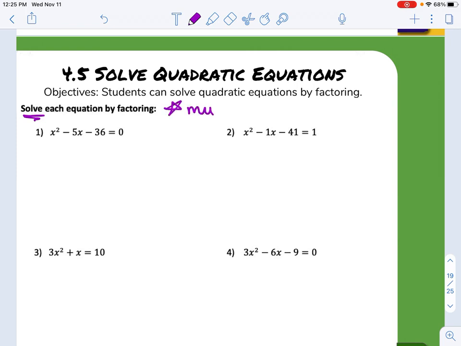So first thing here, our quadratic must equal 0. It also might not say solve. There's a couple other words that we can use. It might say solve. It might say find zeros. It might say find roots.